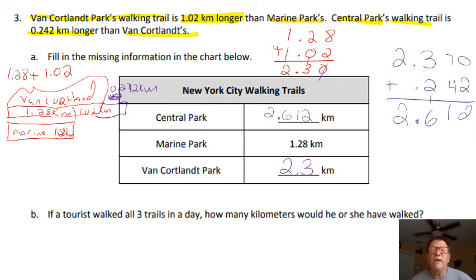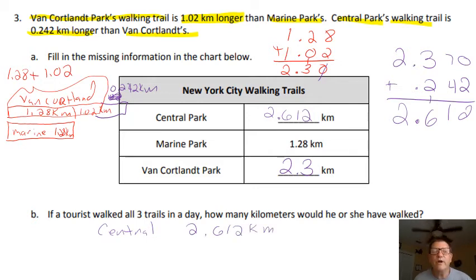All right, now B. If a tourist walked all 3 trails a day, how many kilometers would he or she have traveled? Okay, so let's see. I know that Central Park was 2.612 kilometers.